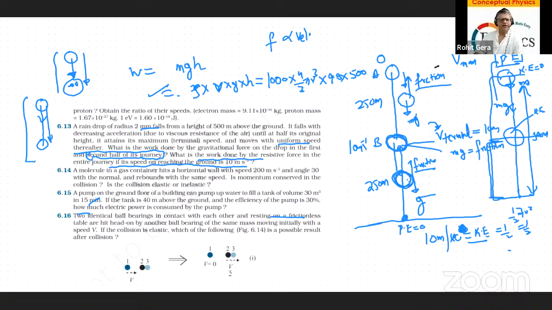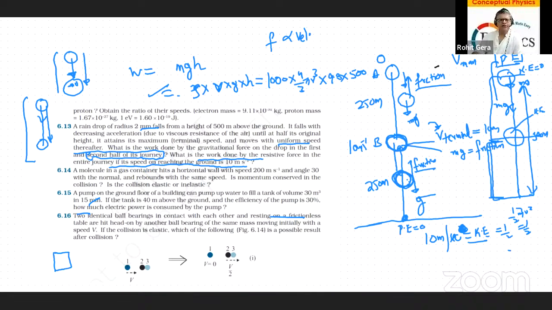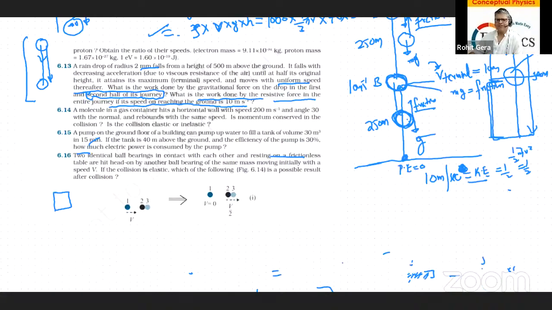But we know, right, if there are multiple forces, each force is doing its own work. Okay. Now let's talk about the work done by the resistive force in the entire journey. So the first thing is that the work done by the resistive force is like a patchy road. It is negative work because it is resulting in a loss.